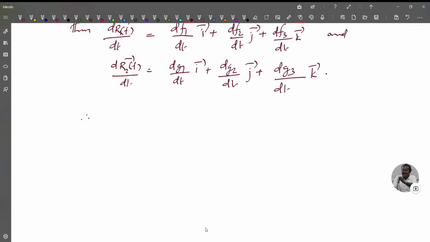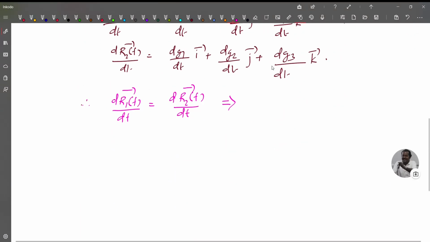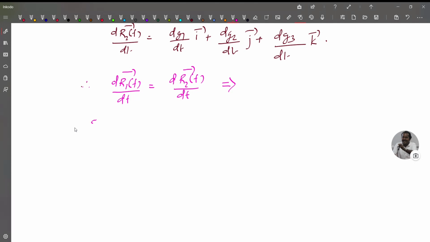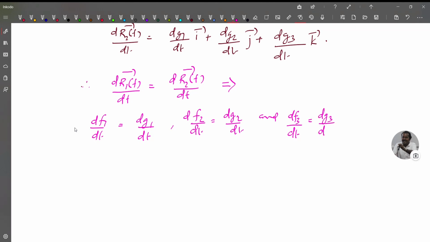Therefore, dr1 of t by dt equal to dr2 of t by dt, because r1 and r2 have identical derivatives on I. This implies df1 by dt equal to dg1 by dt, df2 by dt equal to dg2 by dt, and df3 by dt equal to dg3 by dt, where f1, f2, f3 are real valued functions.